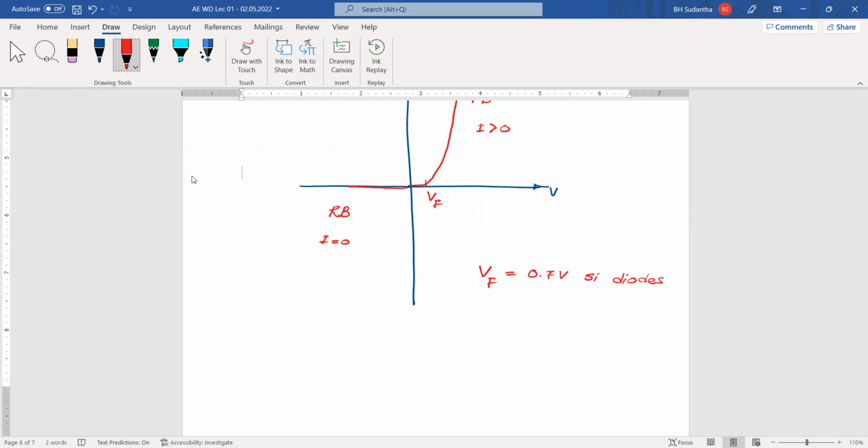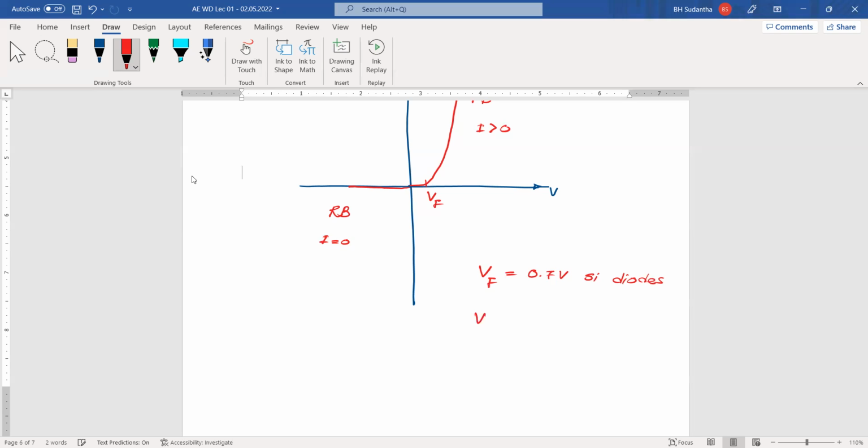Okay. Then that voltage is the pressure you have to apply, because applying pressure means you need some kind of energy to do that. That energy will be taken by the diode from this 0.7 volts. You have to provide this energy.